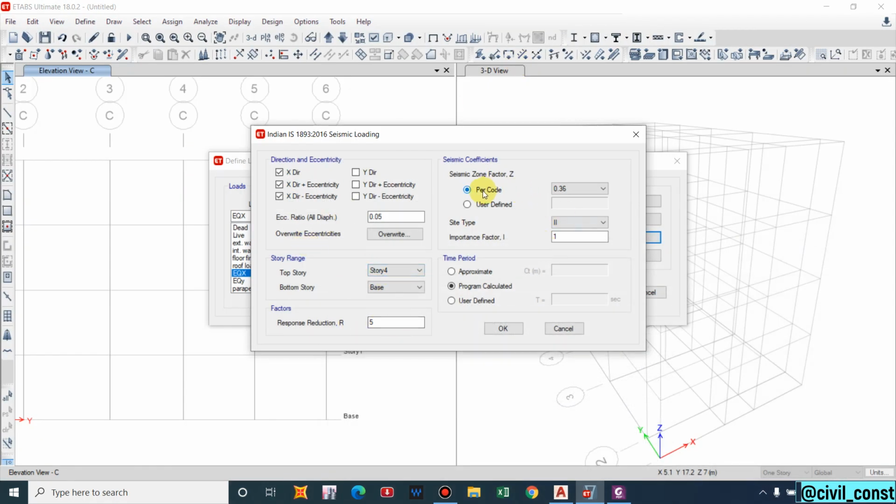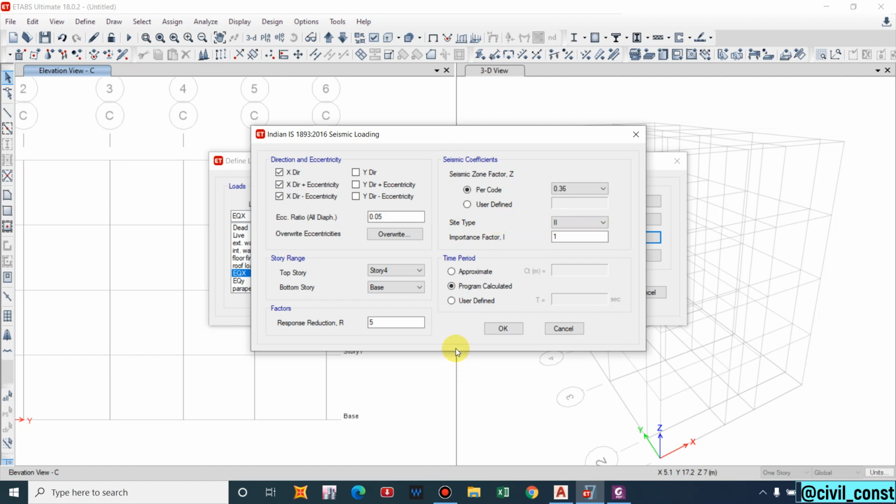So 5. Seismic zone factor: Nepal lies in zone 5, so it is 0.36. Soil type medium soil, so 2. Importance factor for a residential building is taken as 1. For apartment it may be taken as 1.2. For hospital it is taken as 1.5.